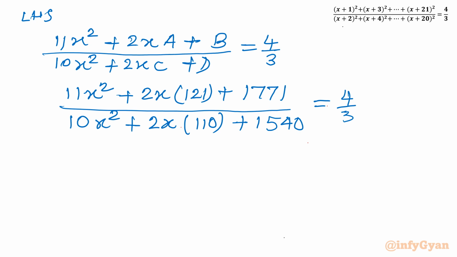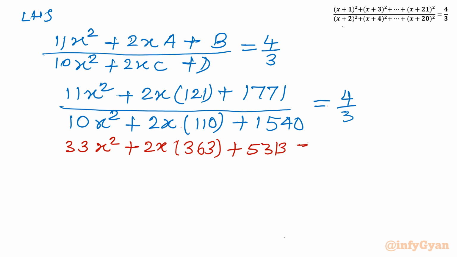Once you cross multiply, it will become 33x square plus 2x times 363. If you multiply 1771 with 3, you will have this value, 5313, equal to 4 times 10x square, so 40x square plus 2x times 440 plus 4 times 1540, it is 6160.